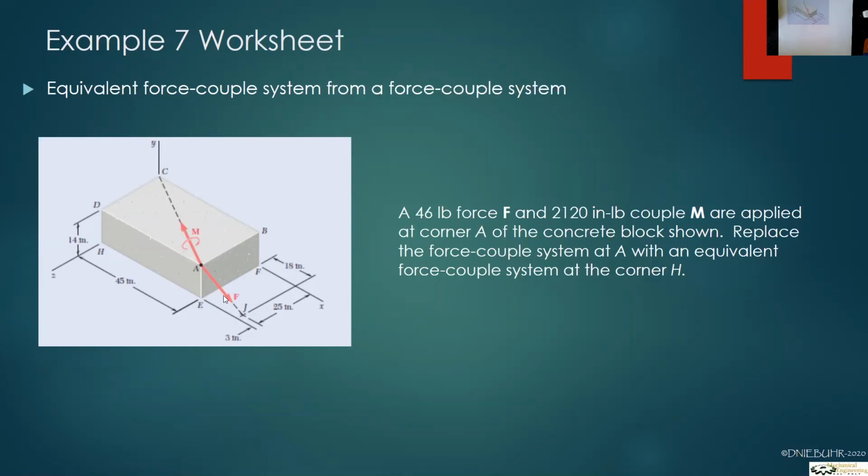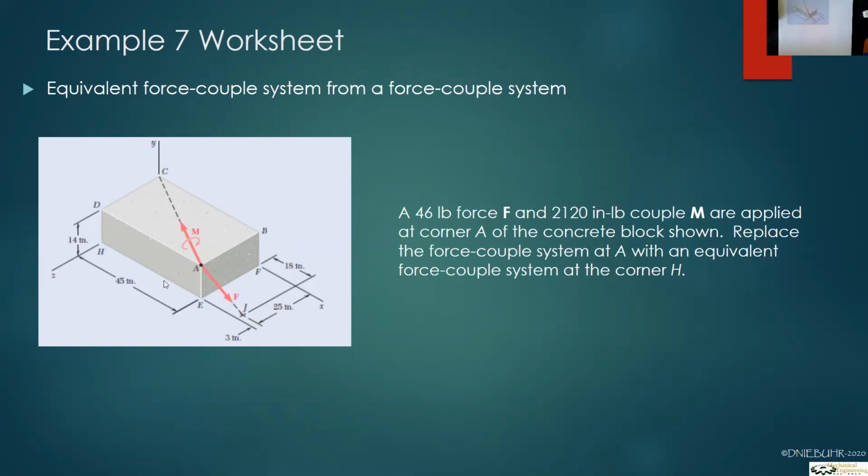If that was not there, this would be just like the second example I did, where you have F going from A to J. So you'd first convert that to a vector, and then you were trying to move it over here to H. So you would just figure out what is the vector going from H to A. So you have A relative to H, do the cross product, and that would be it.